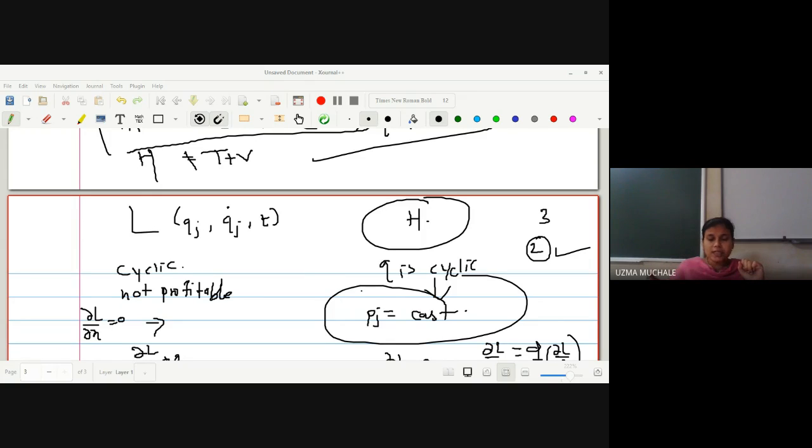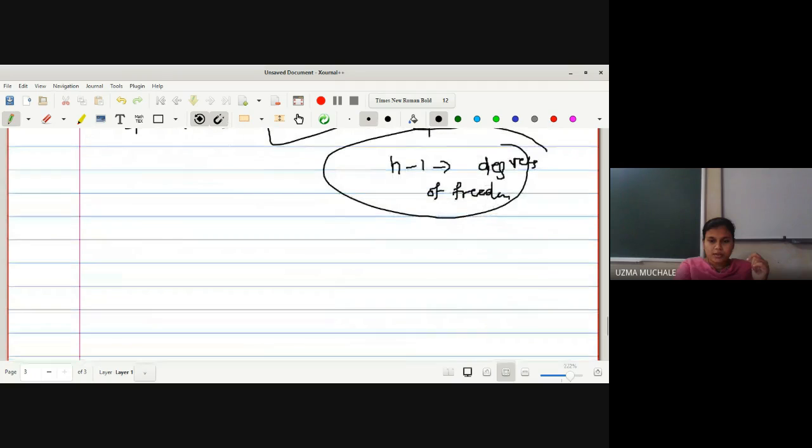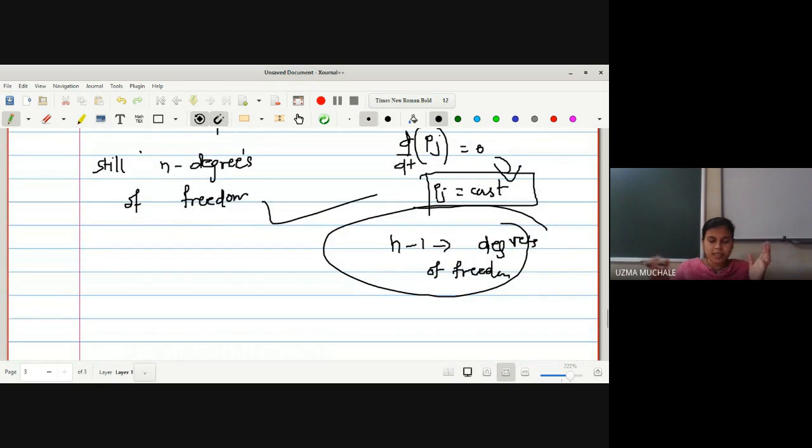But in the Hamiltonian, if qj is cyclic, that coordinate is absent and the corresponding momentum is constant, so you deal with one less generalized coordinate, that is, n minus 1 degrees of freedom.